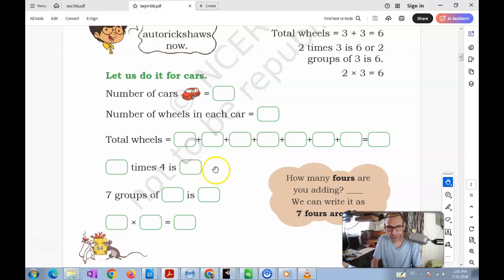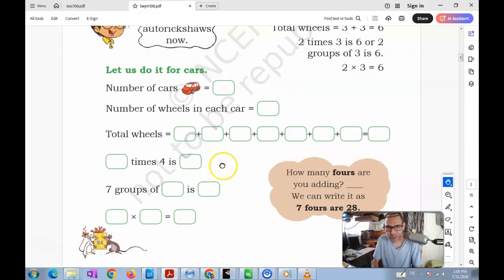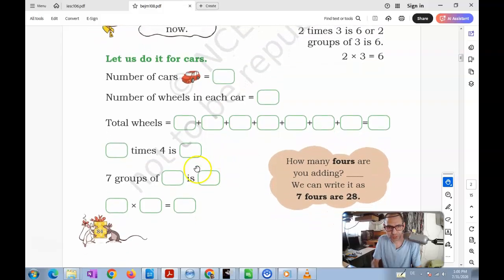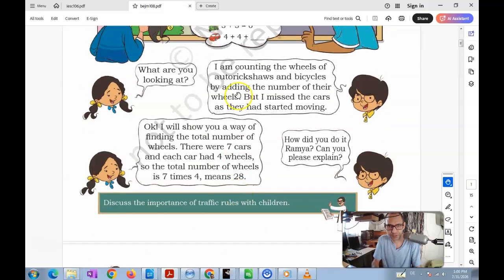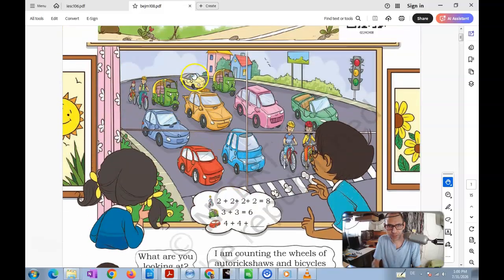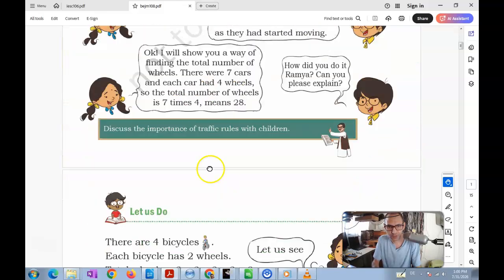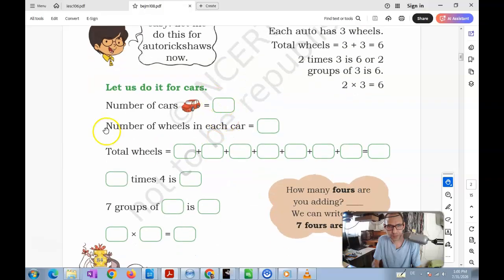Now over here we see that the same thing has been done for cars. For example, the number of cars in this case is, I think, 7, if I'm not mistaken. We have 1, 2, 3, 4, 5, 6, and 7. We have 7 cars here, and the number of wheels in each car is 4.